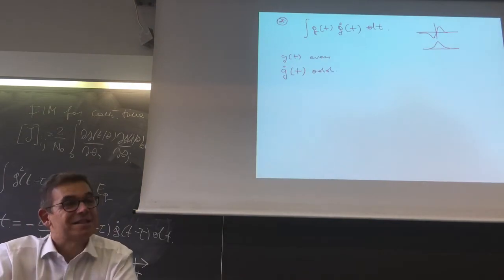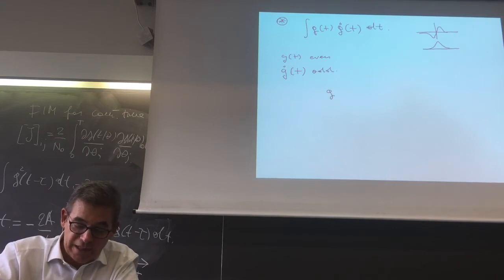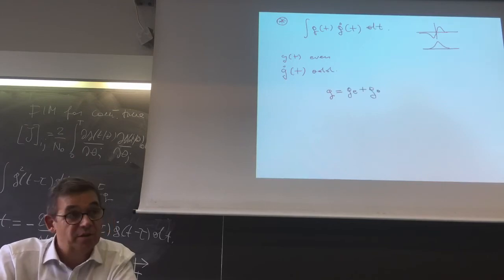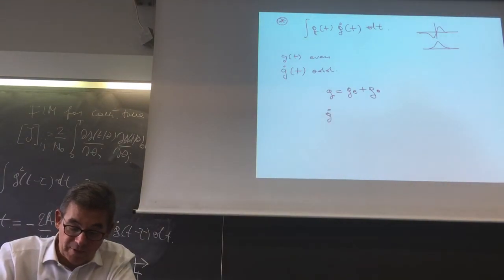You can exercise yourself. If I have an arbitrary g, I can divide g into a g even plus a g odd. Then when I compute the derivative g prime, I get g prime even plus g prime odd.